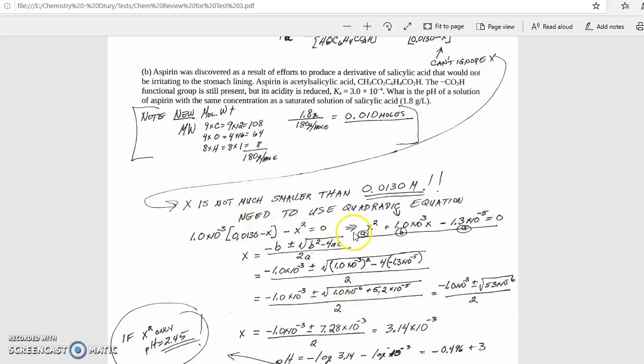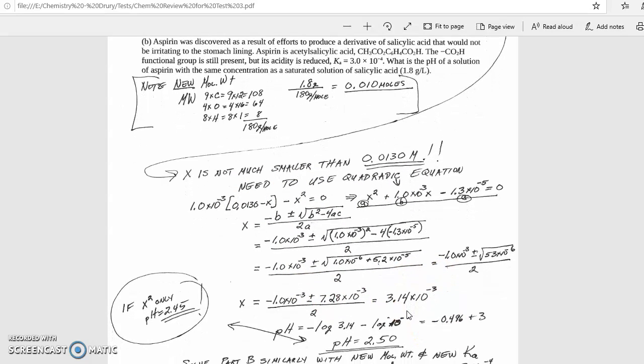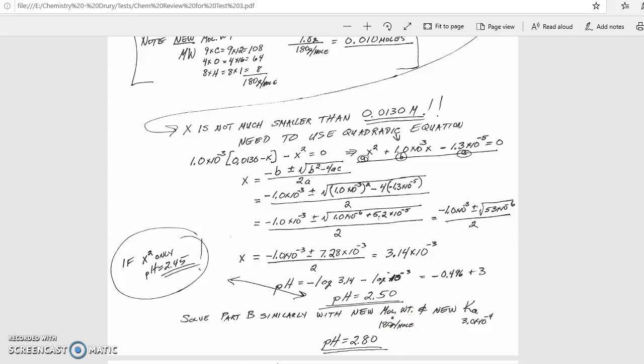When you use the quadratic equation to solve it, you end up with an answer which many of you got, okay, of 2.50. But if you would have actually used your calculations and done the x squared, your pH would have been 2.45, not 2.50. That is a significant difference, and I did take off for that.